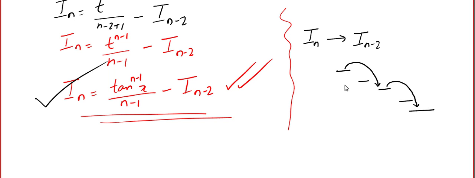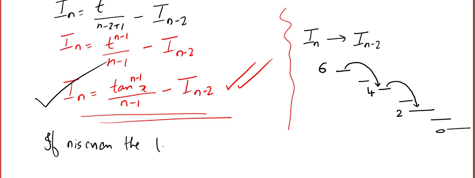Now think about it. If you start with an even number, let's say 6, the next jump will take him to the 4th step, and then to the 2nd step, and of course to the 0th step. That means if n is even, then the ultimate integral, the final position, will be I_0, and that will be nothing but tan to the power 0 x dx.